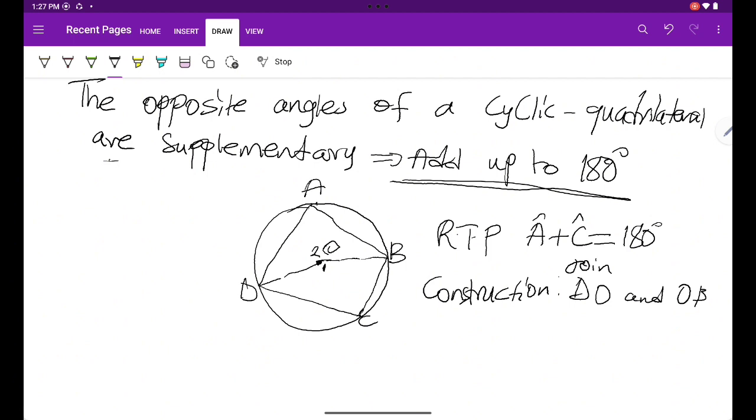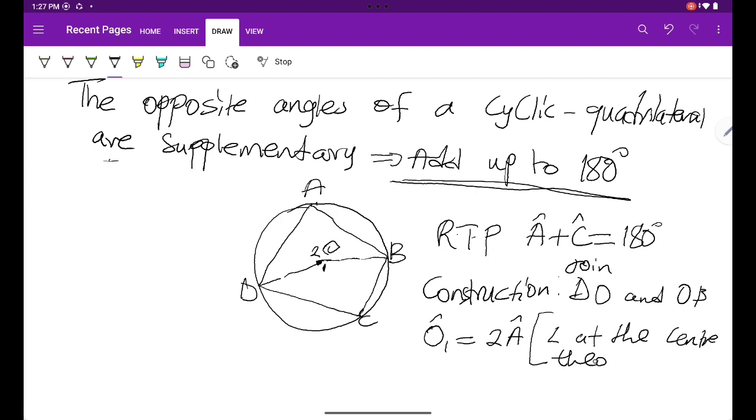So we start proving. The first statement that we can say is that angle O1 equals twice angle A. We can see it's the angle at the center theorem.